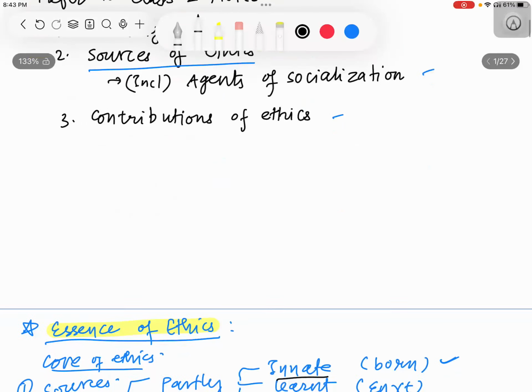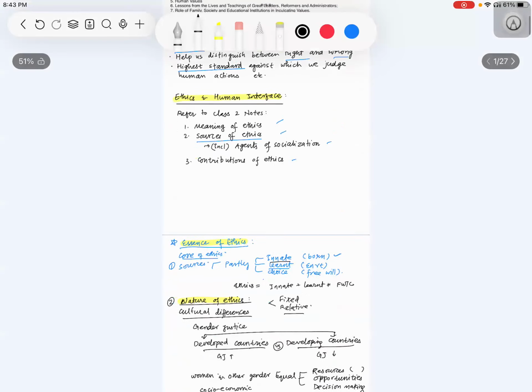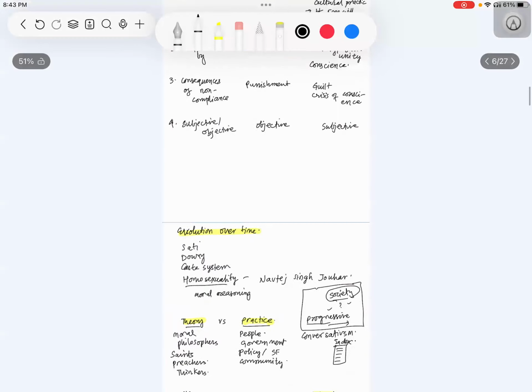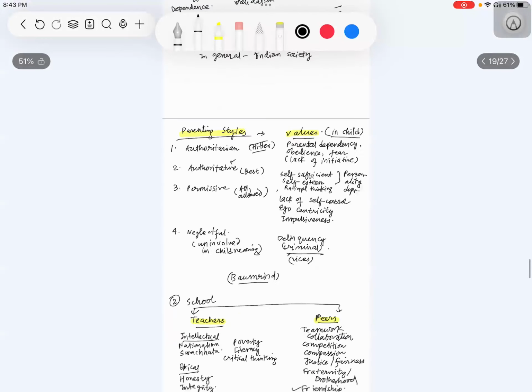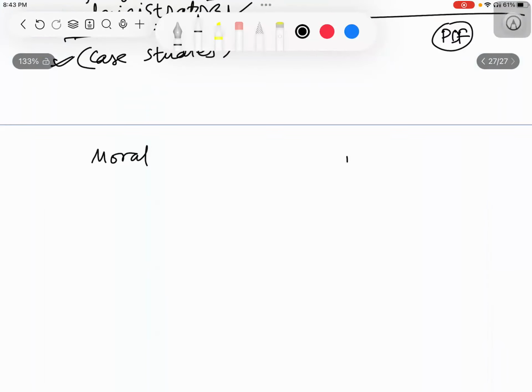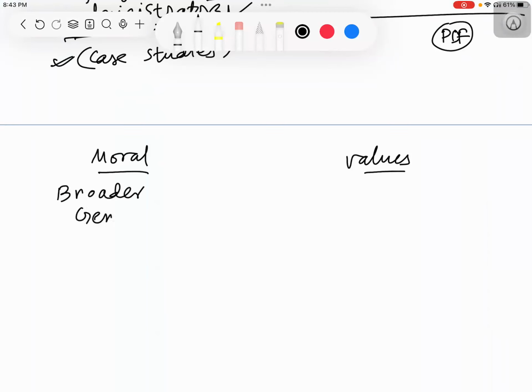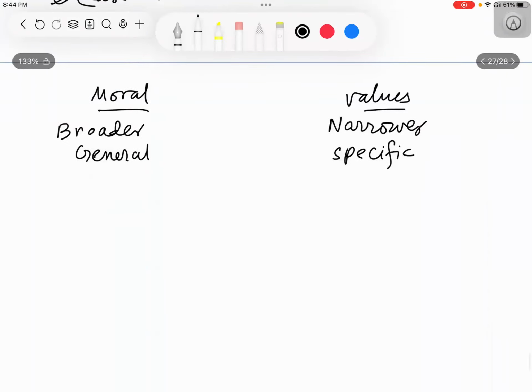Morals or values? Very good. Hang on a second. Moral is a relatively broader term. Value is a relatively narrower term and more specific. Moral is broader, generic; value is narrower and specific. For example, whether a person is moral or immoral, that is a very broad term, right?